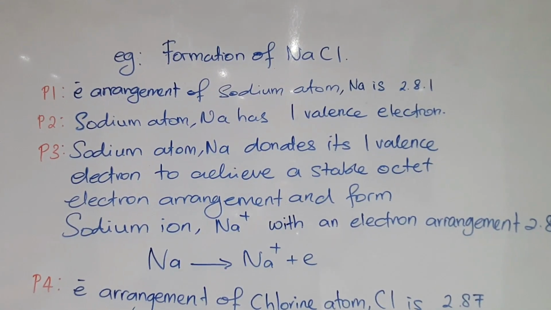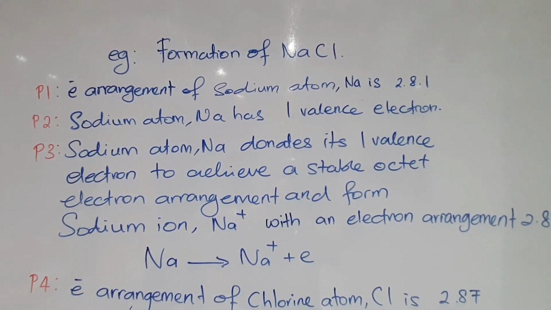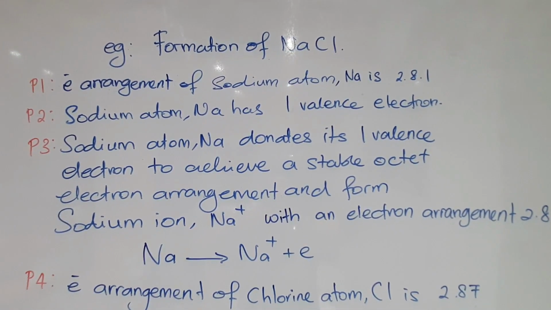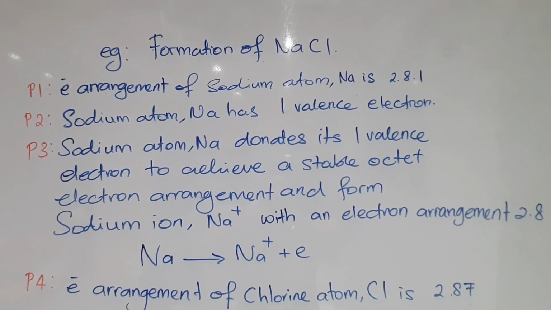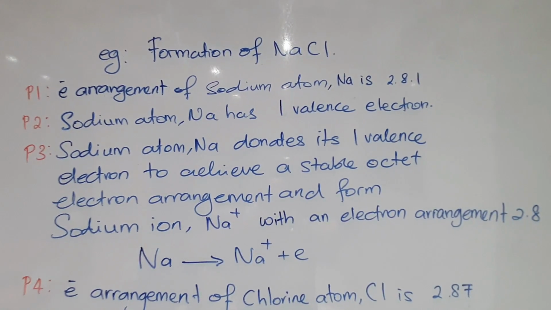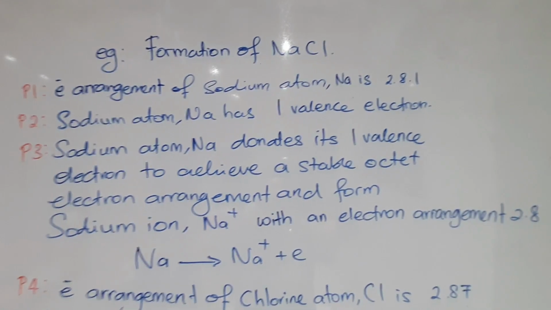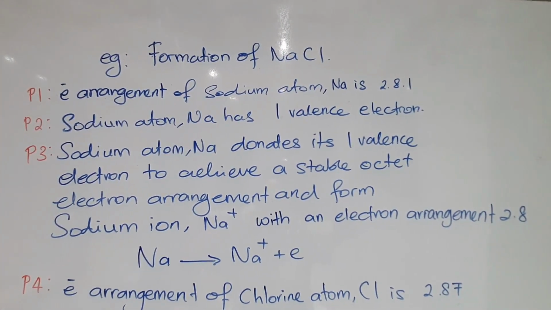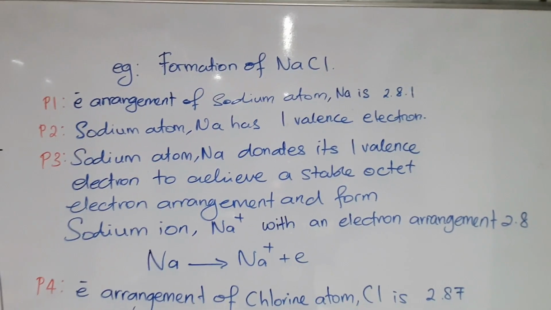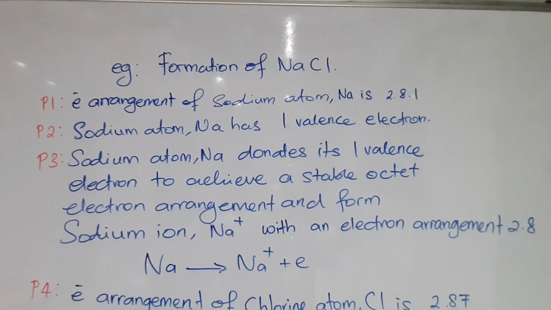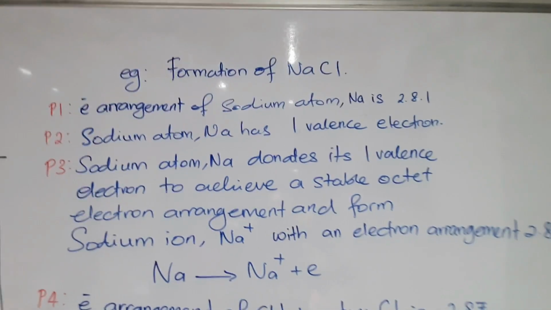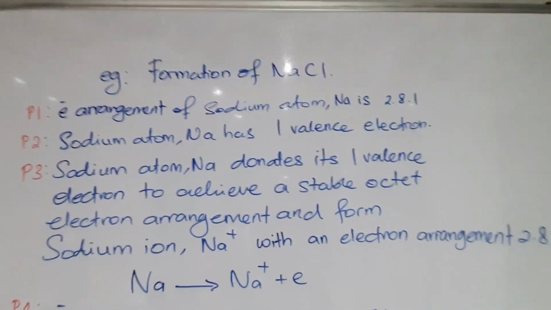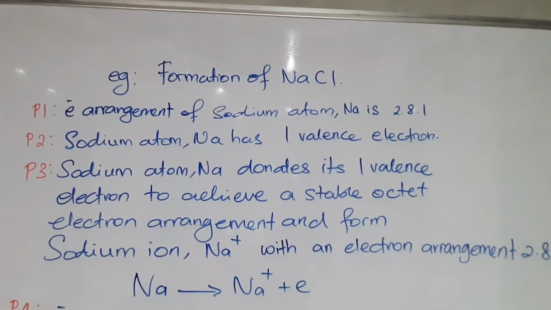Point 2, sodium atom has one valence electron. Point 3, sodium atom donates its one valence electron to achieve a stable octet electron arrangement and forms sodium ion with an electron arrangement 2,8. And then you have to end with a half equation for the formation of the ion. So these are the 3 pieces of information you have to talk about for formation of positive ion by metal.